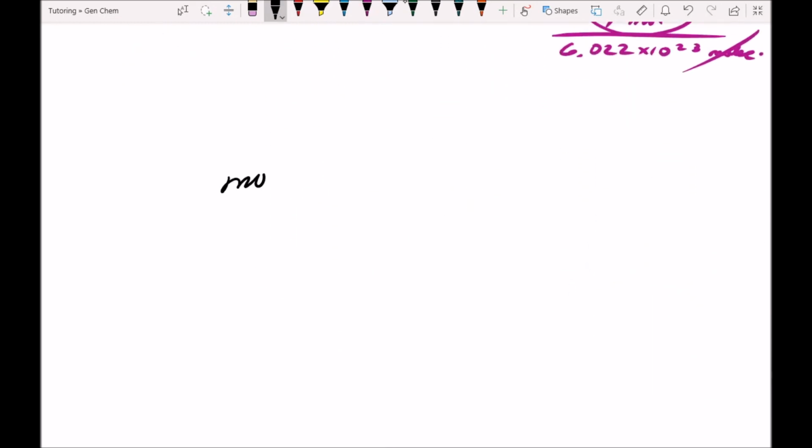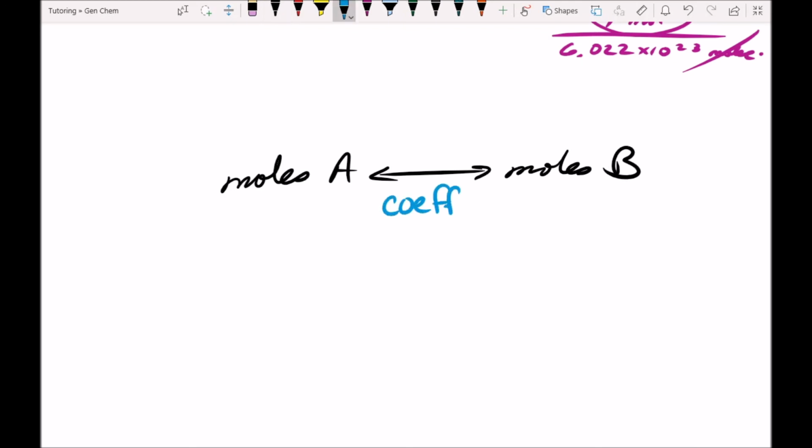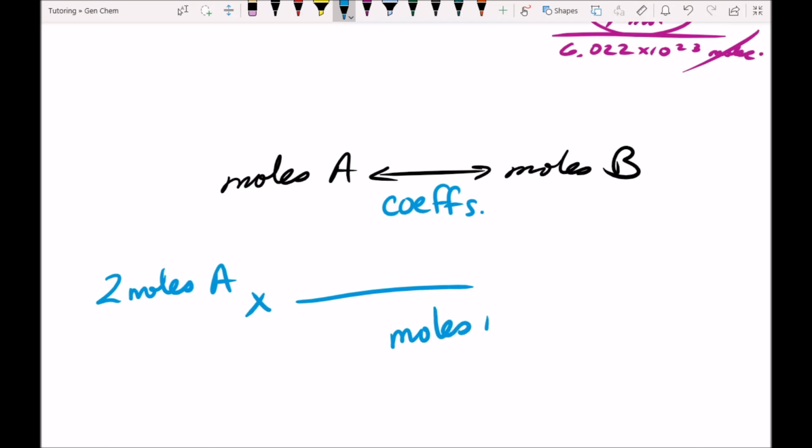Let's say we wanted to go from moles of A and convert to moles of B, or the other way around. In order to do that, we need the coefficients from the balanced chemical equation. So let's say we have 2 moles of A. In order to get moles of B, we need to multiply by a fraction with moles of A in the denominator to eliminate moles of A, and moles of B in the numerator, so that's what we get in the end.